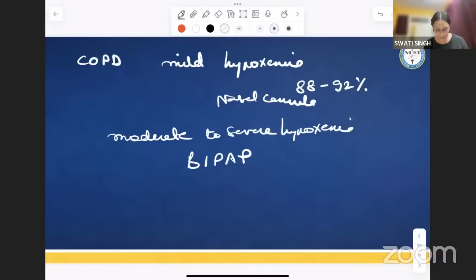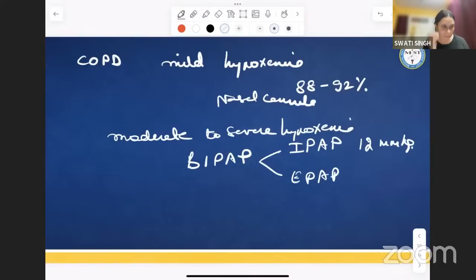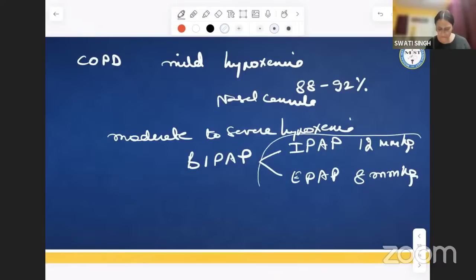And we always start with inspiratory airway pressure at 12 mm of Hg and EPAP, that is expiratory positive airway pressure, at, let's say, 8 mm of Hg. Okay. So we start with this much BiPAP support, 12 and 8, right?